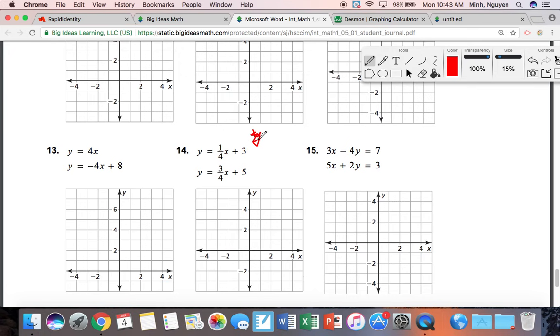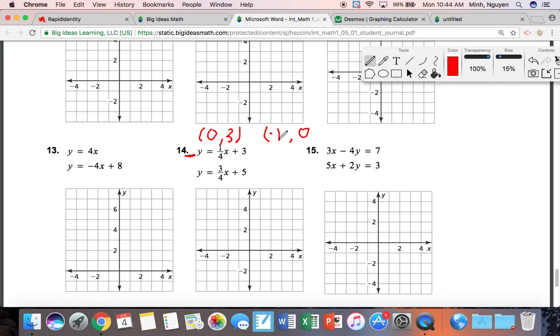So I'm just going to tell you guys the intercepts. The intercepts for this one, this will be the red one, and I'll make the next one blue. 0, 3, and then the other one, y has to be 0, so that has to be negative 3. What divided by 4 will give you negative 3? Negative 12.